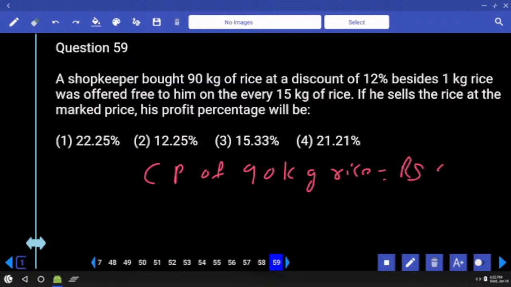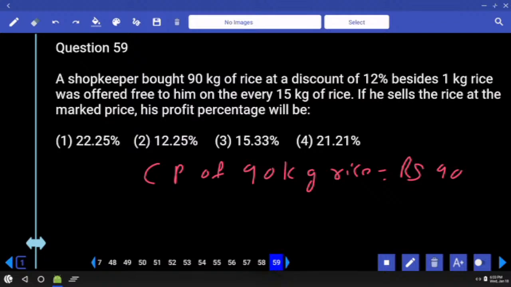Each kilo is 1 rupee. Now read the question again. If he sells the rice at the marked price, his profit percentage will be.